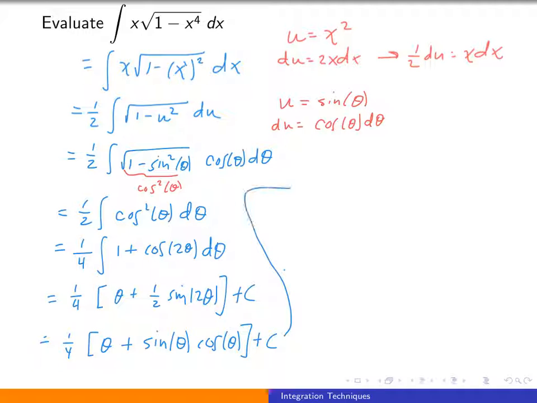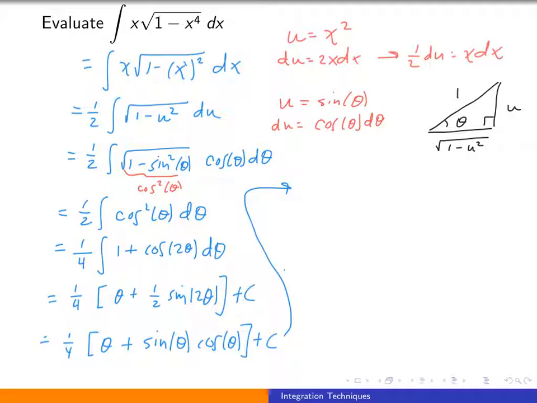And now we would like to draw a right triangle here so that we can rewrite in terms of the variable u. So we have that u is equal to sine of theta. So if we draw that associated right triangle, if u is equal to sine of theta, we would have u, and the hypotenuse would be 1. Then by the Pythagorean theorem, that bottom leg would be the square root of 1 minus u squared.